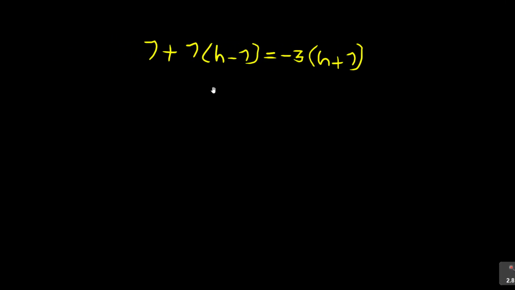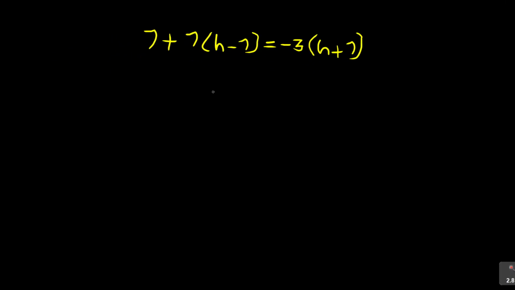Now if you're working this, how do you think you could have done this question? To me, the easier way is to open up this bracket, meaning this 7 will multiply and this 7 will multiply, and then you collect like terms. So it will be 7 plus 7 times h, it's 7h. 7 times negative 7, use a calculator, you'll get negative 49.